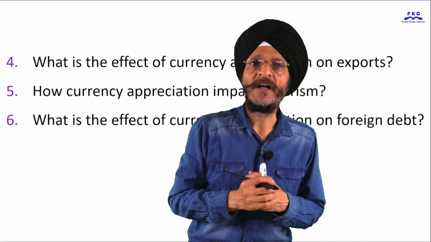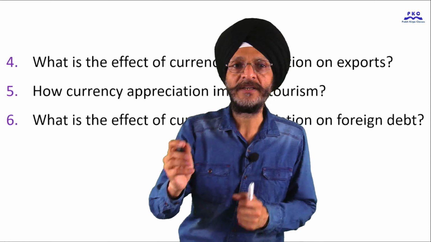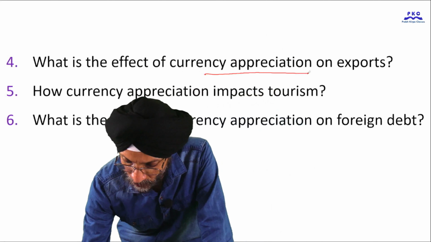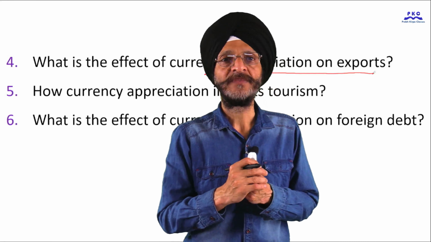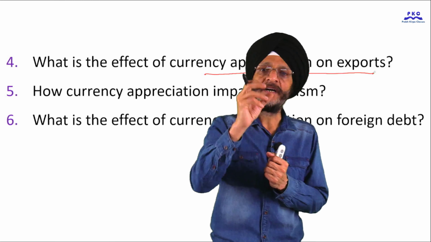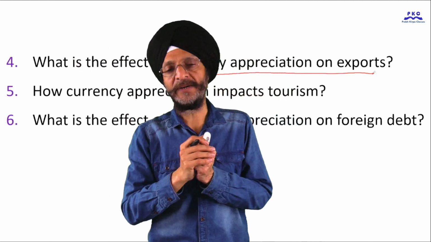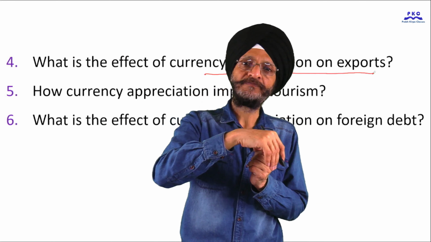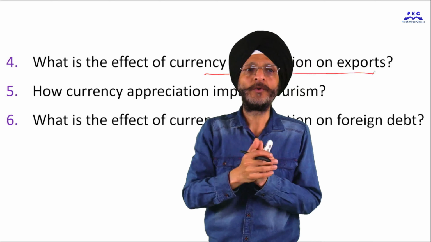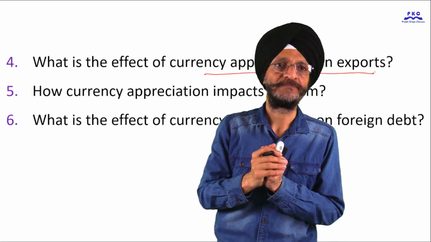Then the students will also understand the effect of currency appreciation on exports. In case of currency appreciation, the exports become expensive for the foreign buyers, and the exports in the appreciating country are adversely affected.